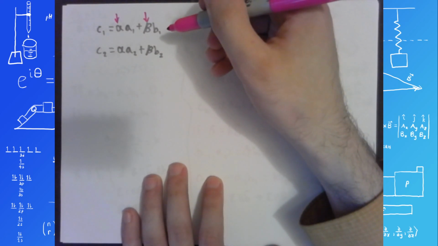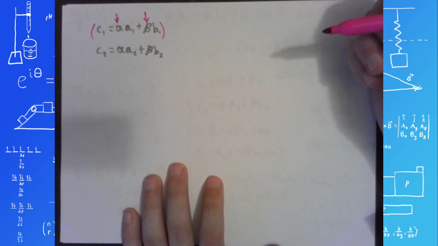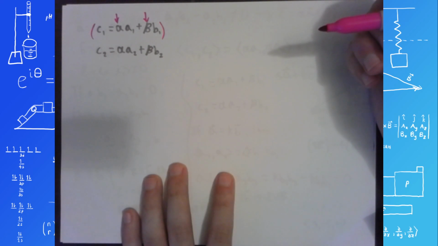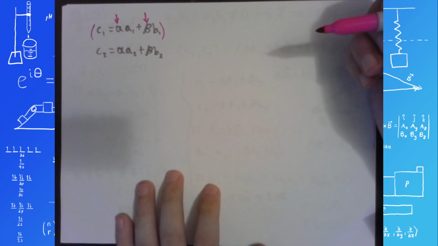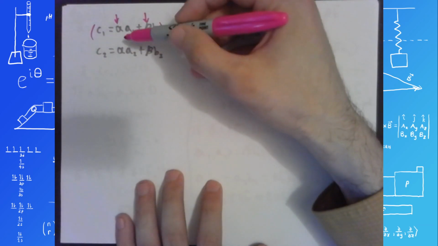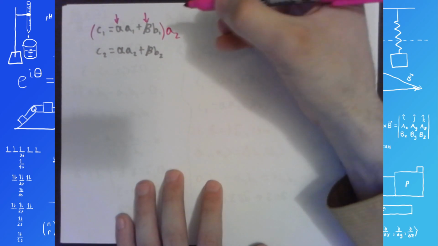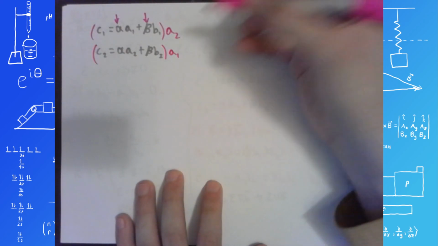So what I'm going to do is elimination. I'm going to take the first equation and multiply it all by, what do I want to multiply by? Well, what do I want to eliminate first? I guess I will eliminate the alpha terms first. So I want to multiply this by A2 and multiply this by A1.